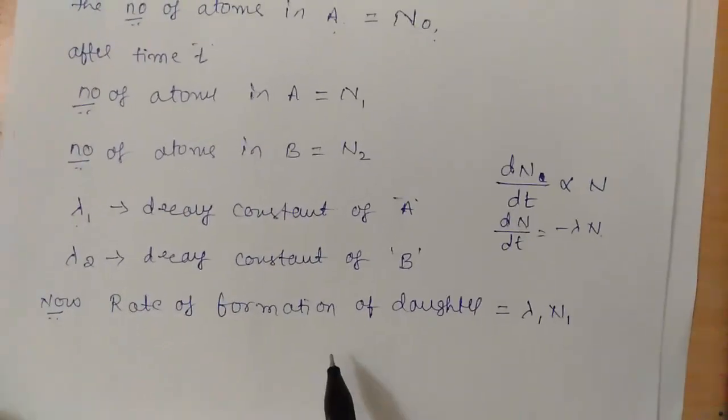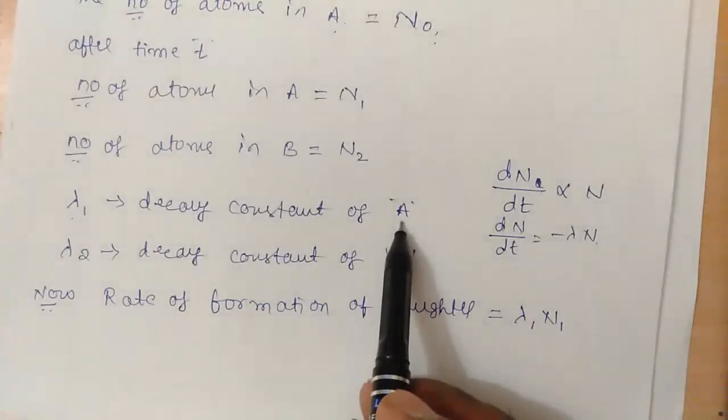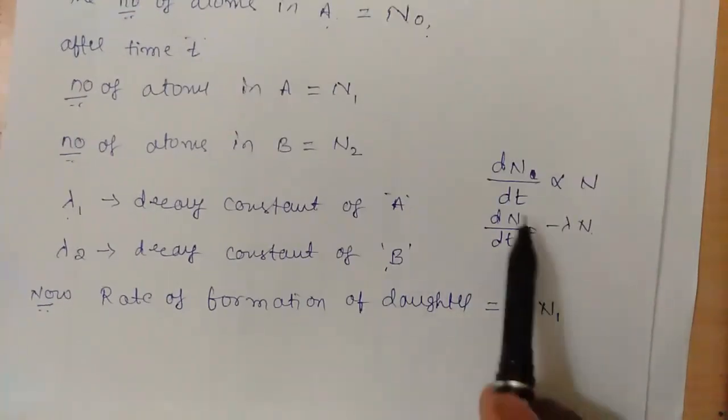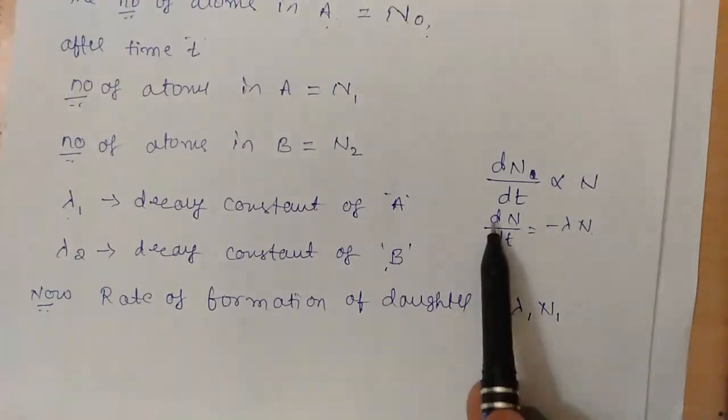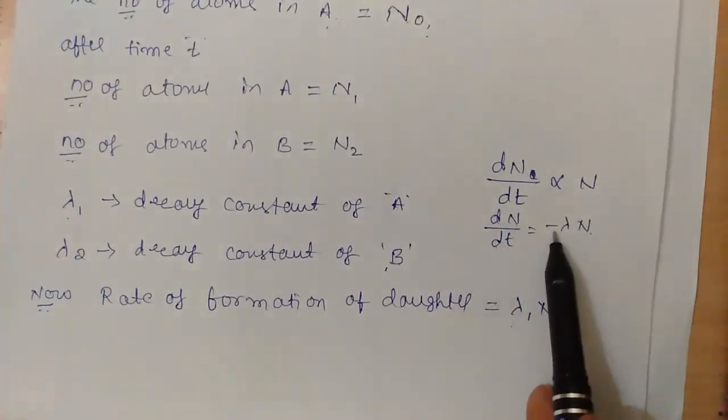Right? So here we are considering the decay of element A. When this element A is decaying into another element, the rate of disintegration of the first element, that is dn1 by dt, will be equal to minus lambda into n1. This negative sign indicates that there is a decrease in the number of atoms.